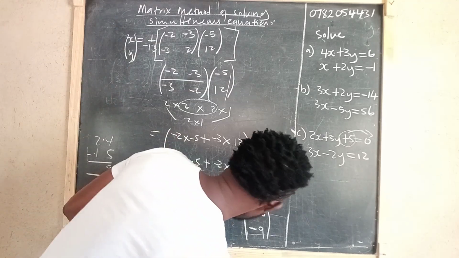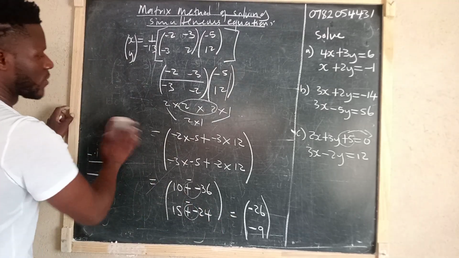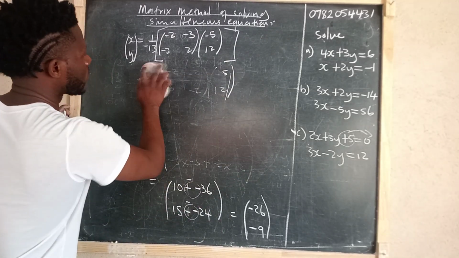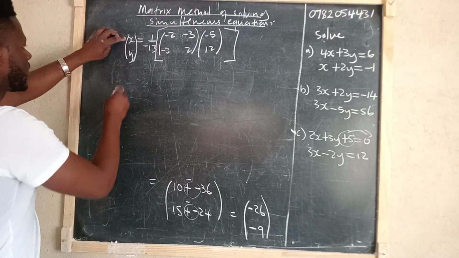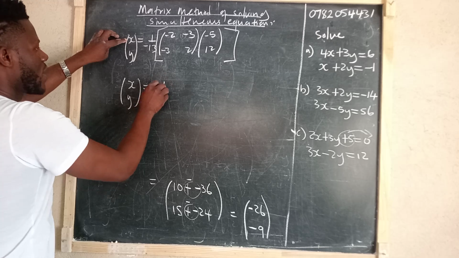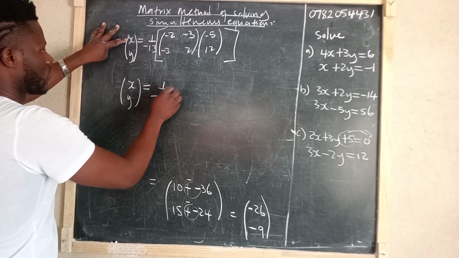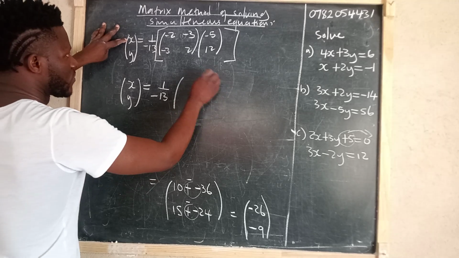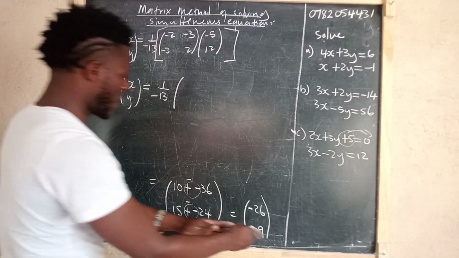Now, let's go back to our question with this answer. The equation reads that x, y is equal to 1 over minus 13 multiplied by this matrix. So these two matrices, they brought us this answer.